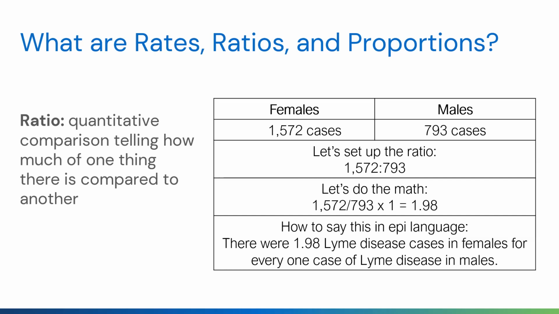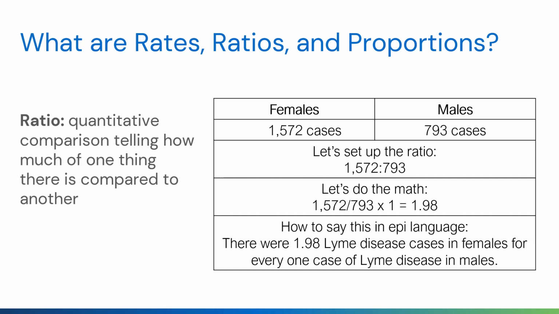So it compares, again, a quantitative comparison telling you how much of one thing there is compared to one unit of the other. And it's typical to standardize it based on one unit of one thing. In this case, because there are more cases in females, you typically take the larger of the two, and you divide that by the one that isn't, and multiply by the number that you want to say for every X unit.